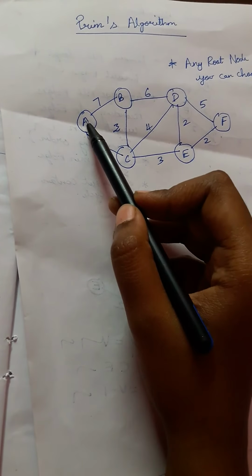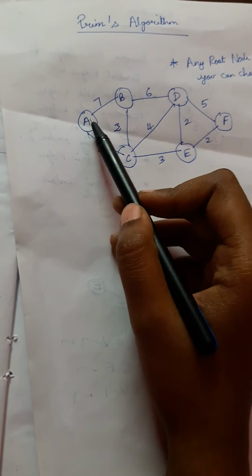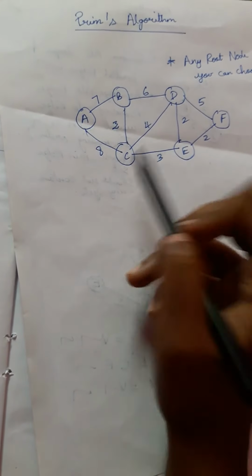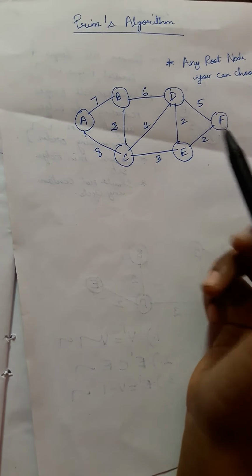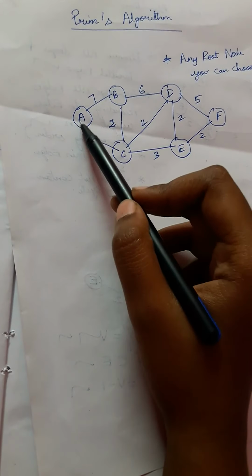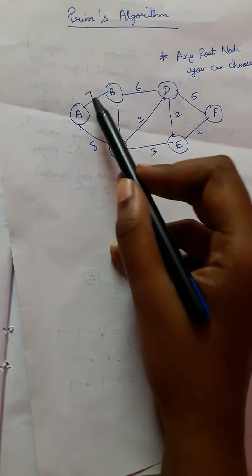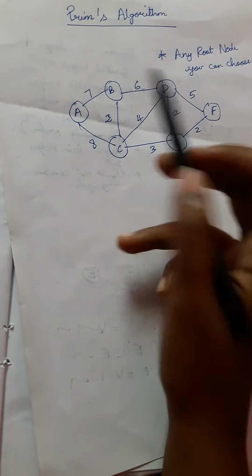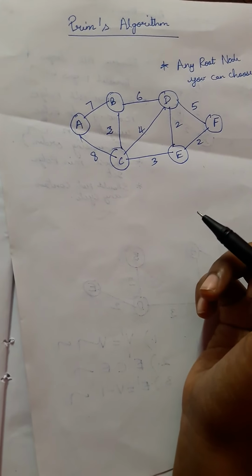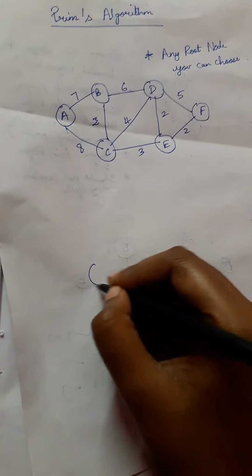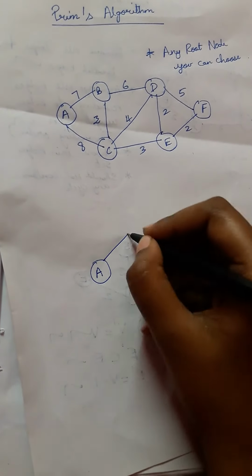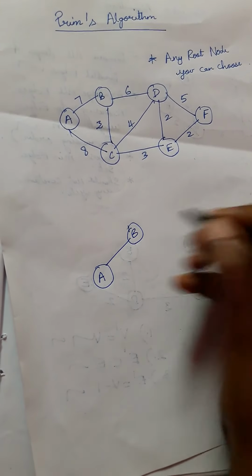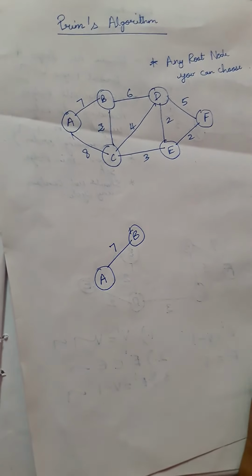The adjacent nodes from A are B and C. Comparing A to B and A to C, A to B has the minimum weight, so I am going to take that edge. I will take it as 7.